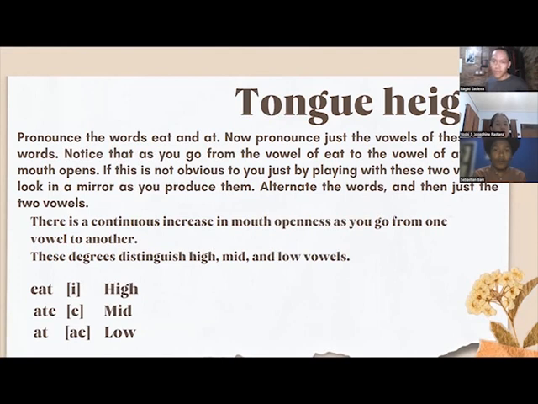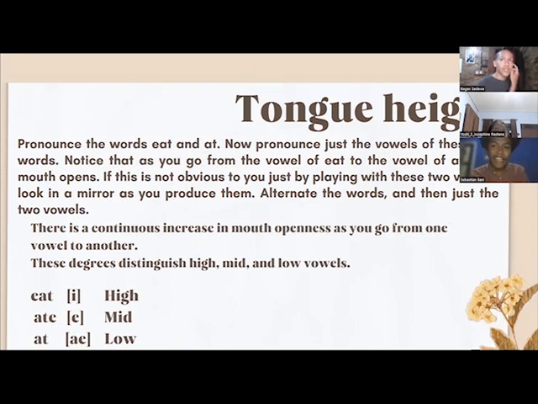So now about tongue height. Pronounce the words "it" and "at." Now pronounce just the vowels of these two words. Notice that as you go from the vowel of "it" to the vowel of "at," your mouth opens. If this is not obvious to you, look in a mirror as you produce them. Alternate the words and then just the two vowels.